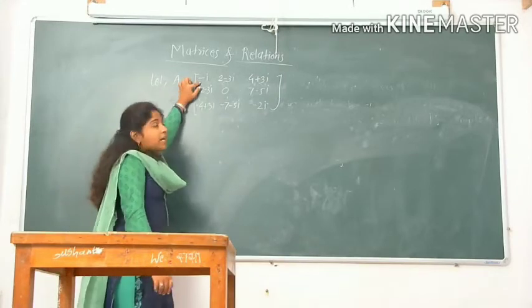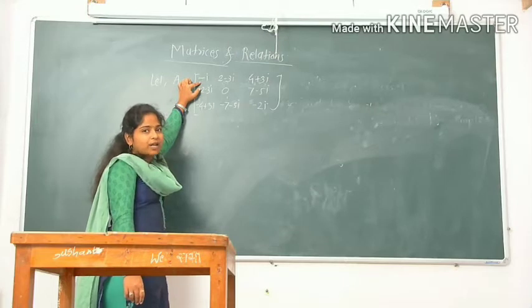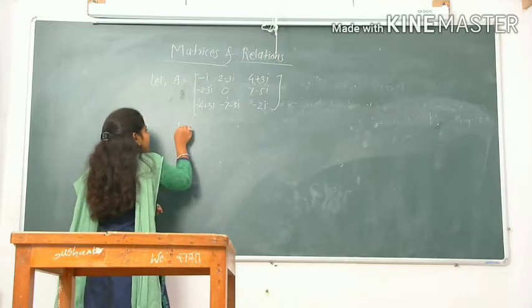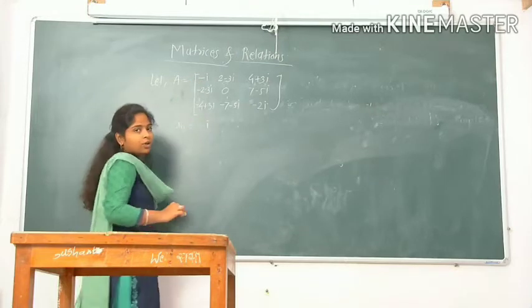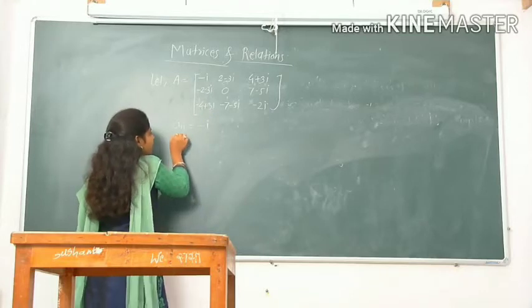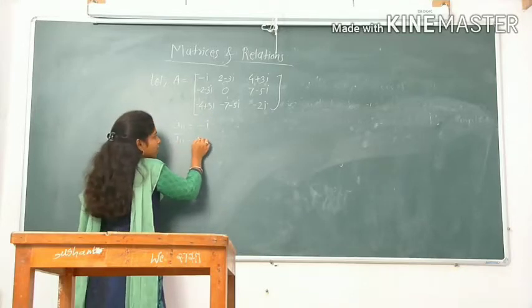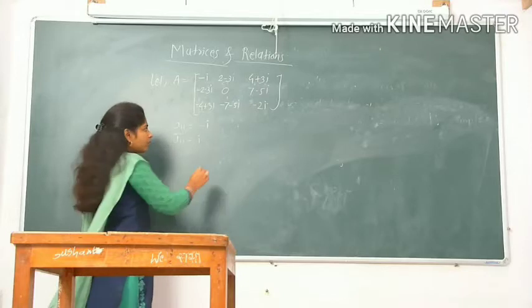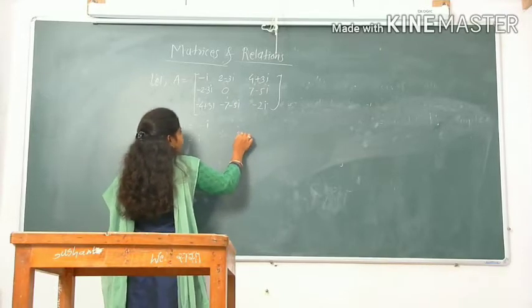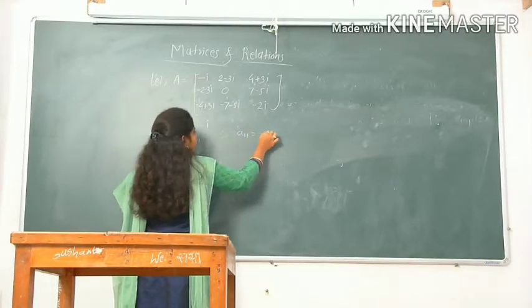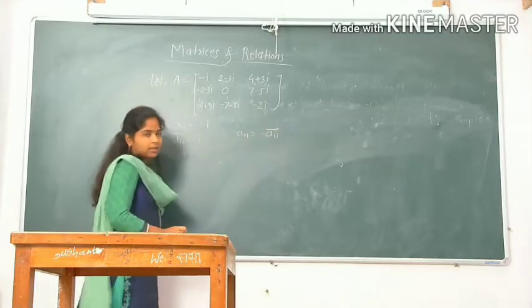So here minus i is placed at first row and first column, so our A11 is minus i. We take its conjugate, so A11 bar is equal to i. Therefore, we have A11 is same as minus A11 bar.